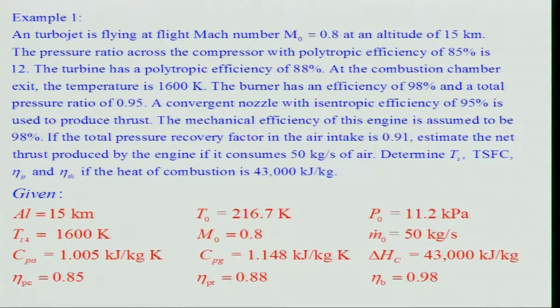Of course, the heat of combustion is given, and usually we will be using Cp of air as 1.005 kilojoule per kg Kelvin, and Cp of the gas as 1.148 kilojoule per kg Kelvin. Keep in mind that this Cp will be used till the end of the compressor, and Cpg will be used from the inlet of the combustor to the nozzle, for our calculation.